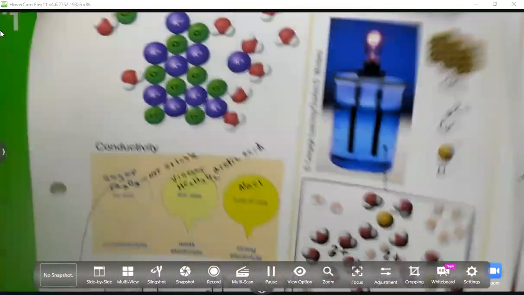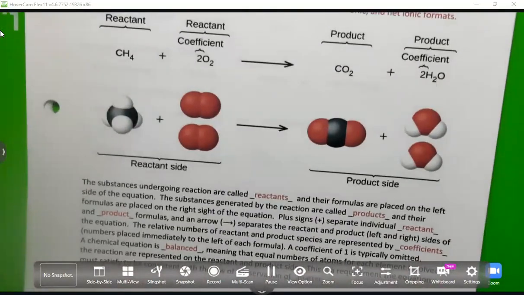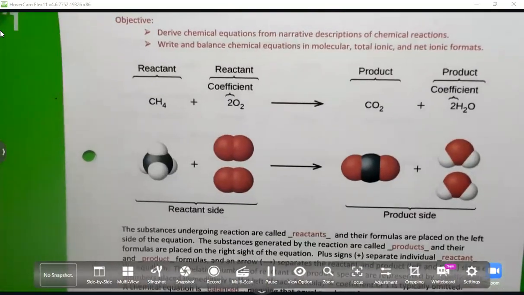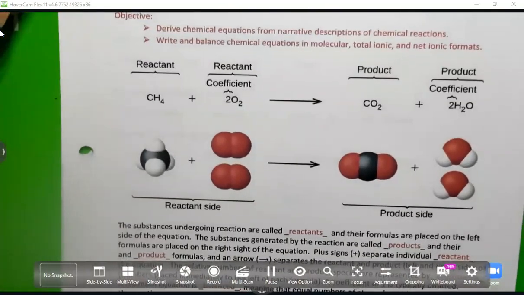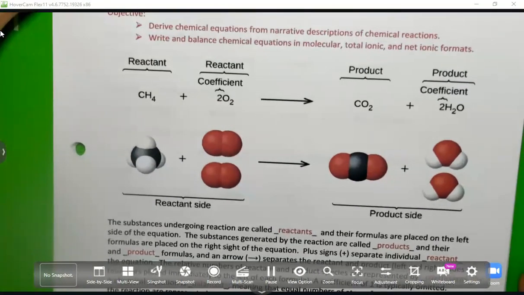All right, let's backtrack now to page 1. And we're going to take these compounds and we have to balance equations.